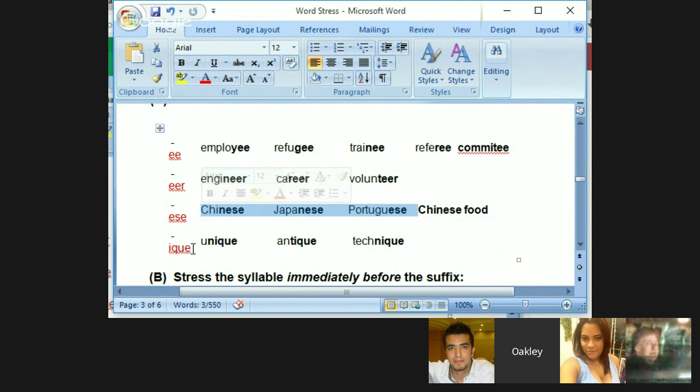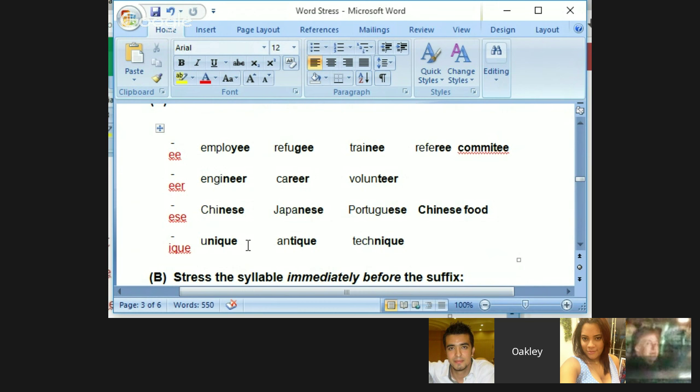I don't even really have to say it because I'm going to demonstrate it right now. Halen, last set. Unique, antique, technique. The second one, it's always eek. It sounds the same. That's one thing. Suffixes are very consistent.